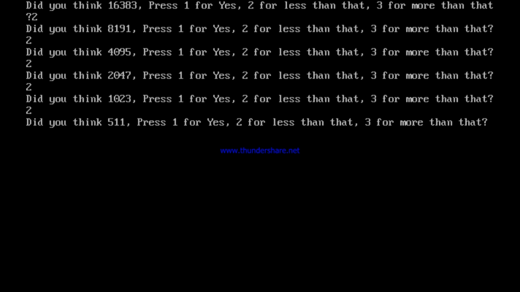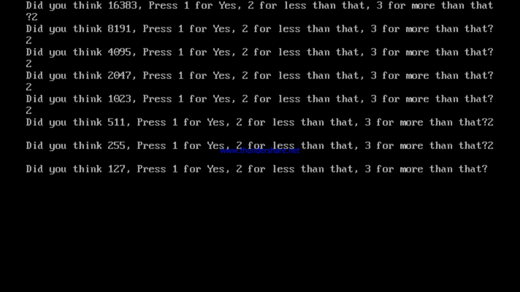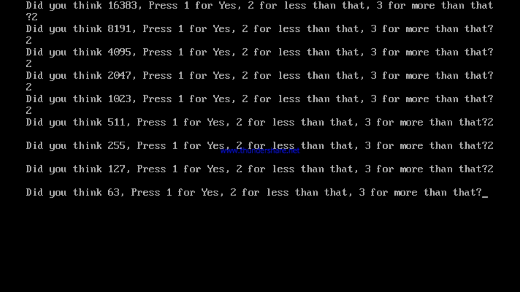The user's guess is 72, so less than that, 2. Did you guess 255? Less than that, 2. Did you guess 127? 72 is less than that, 2. Did you think 63? This time, more than 63. So 3. 72 is more than 63.